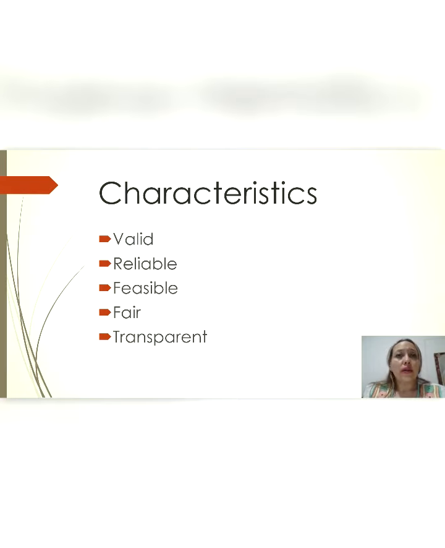And the transparent aspect has to do with the way we establish the process. We have to establish a clear process and criteria for evaluation and not change it according to the characteristics of the students during the process of assessment. We have to make clear since the beginning what aspects we are going to assess.